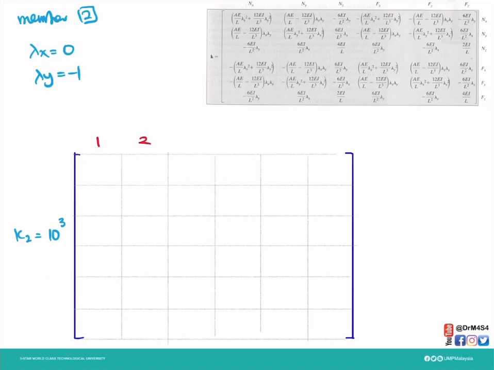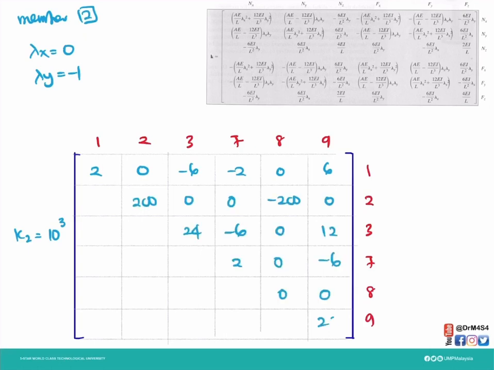So please find those values inside this matrix. 2, 0, -6, -2, 0, 6, 0, 24.